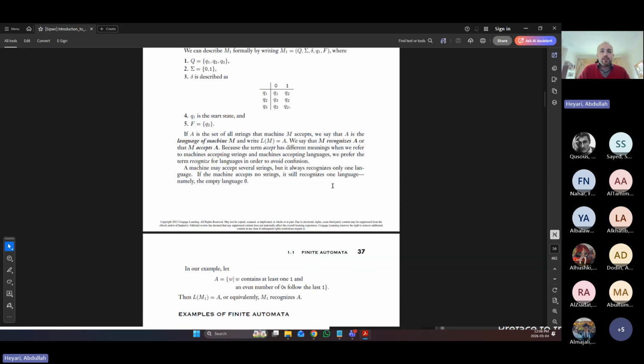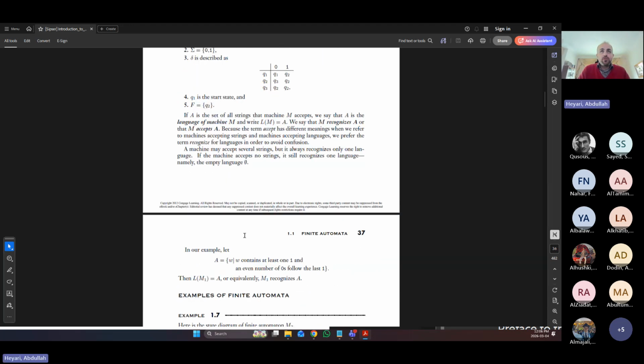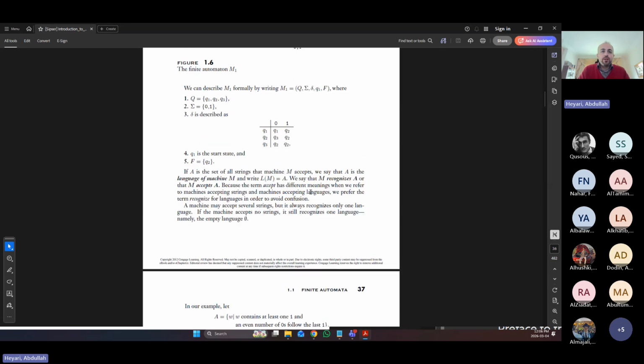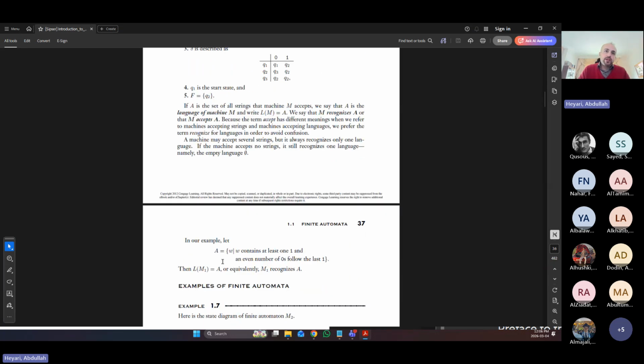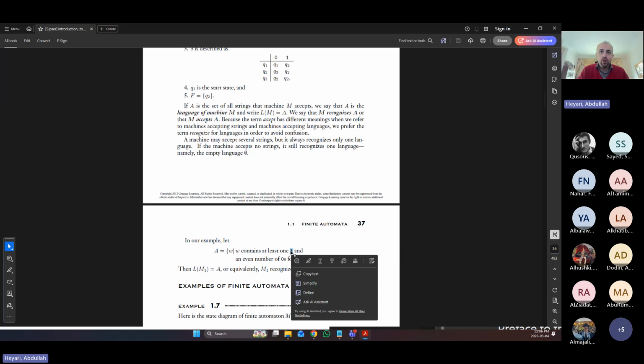So for this machine M1, the set of all strings, which is known as the language accepted by M1, recognized by M1, is all the bit strings, zeros and ones, containing at least one 1, and an even number of zeros following the last one.